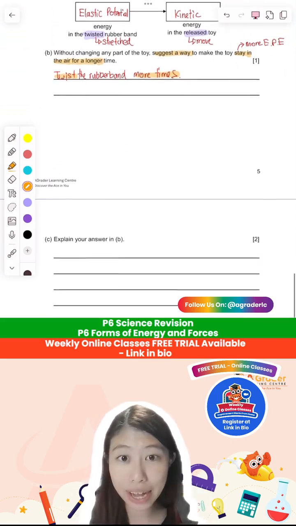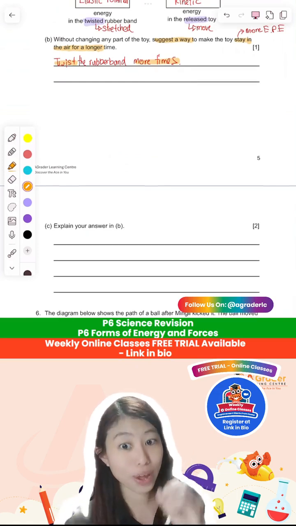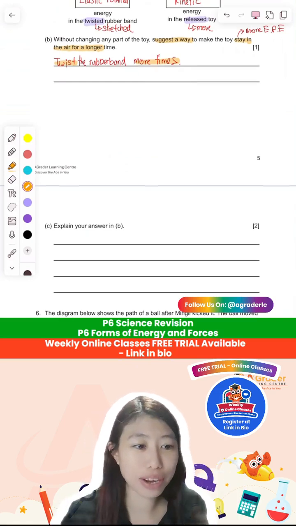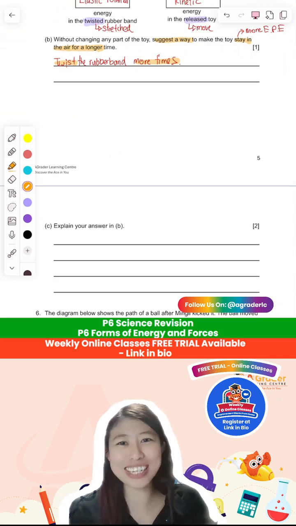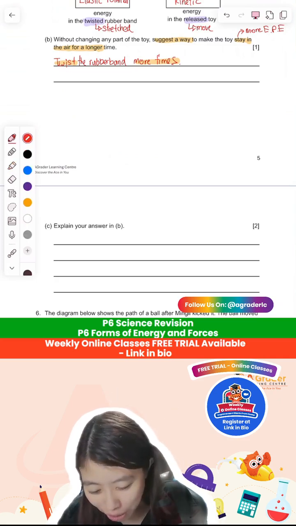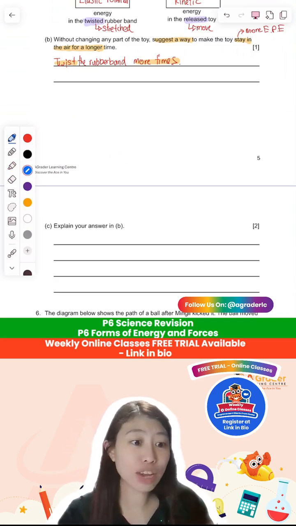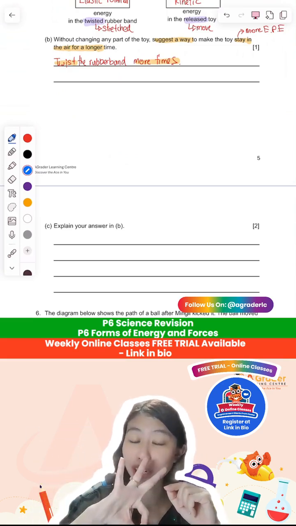So we need to explain our answer. What are we going to do? It is an explanation question. When it comes to energy conversion, in science you must explain. They want to know how come you must twist the rubber band more times. When you explain, in eighth grade we teach either a 2 or 3 step explanation.